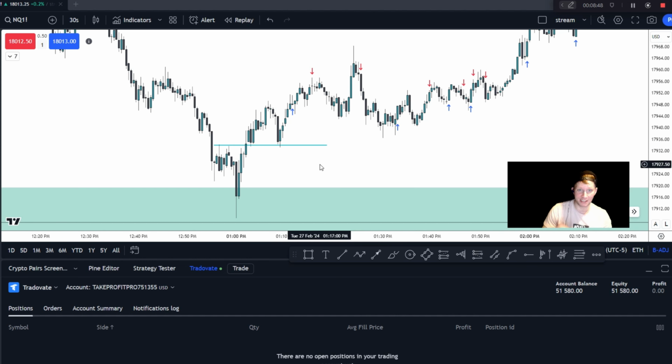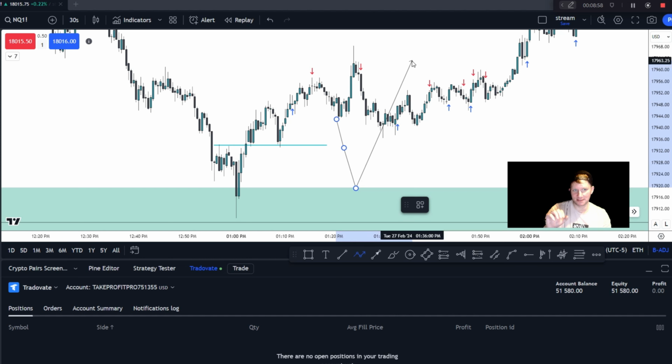That's the minimal it has to do. But it can also come down 50% of it and then find support and go. But the least it has to do is right there.